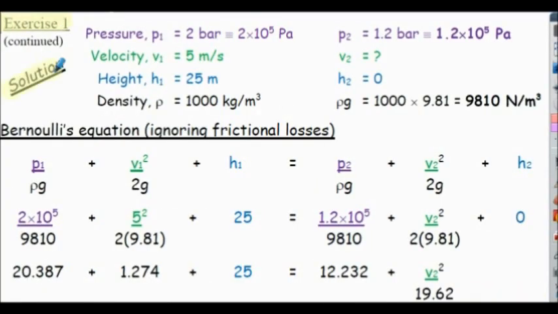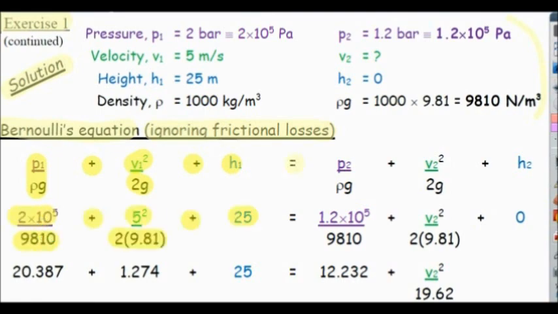Exercise 1, solution continued. I've just stated this information from the previous slide for convenience. So here's Bernoulli's equation applied, ignoring frictional losses in this particular instance. So here's the formula, P1 upon rho G plus V1 squared divided by 2G plus H1. And here are the numerical values subtracted from above.